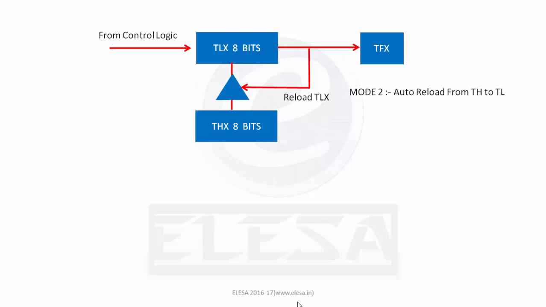Whenever the 8-bit TL register overflows, it generates a reset signal to itself, and the buffer is given a high signal which auto reloads the TL register with the value written in the TH register. It also makes the timer overflow flag, that is TFX, 1.